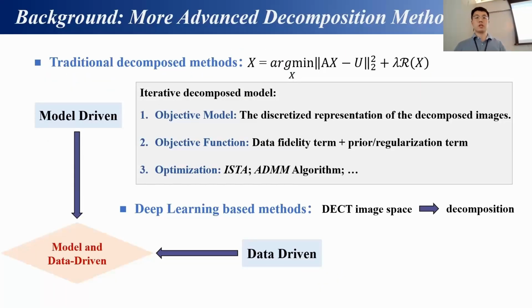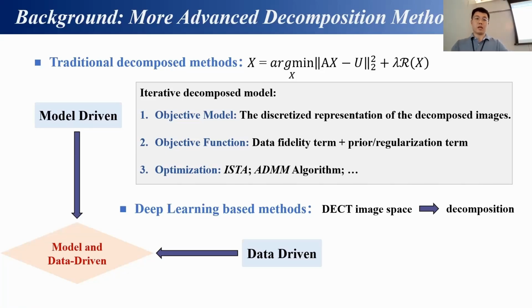Currently, dual CT image decomposition methods can be classified into 2 categories. One is the traditional decomposition method, and the other is the deep learning based method. In the traditional method, the model-driven iterative decomposition uses system modeling and image prior modeling to obtain the objective function of the dual CT material decomposition problem, which can be optimized by different algorithms, such as ISTA and ADMM.